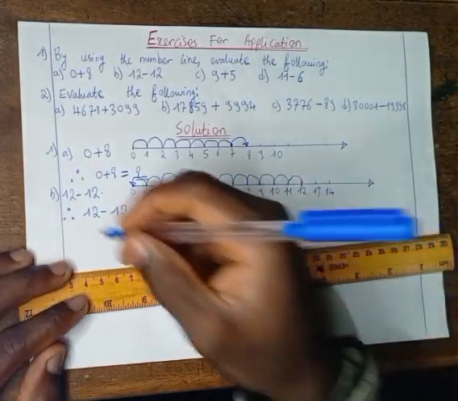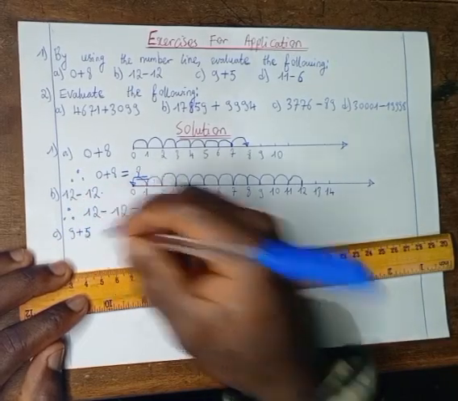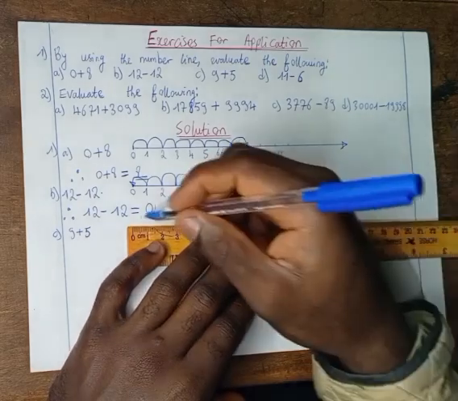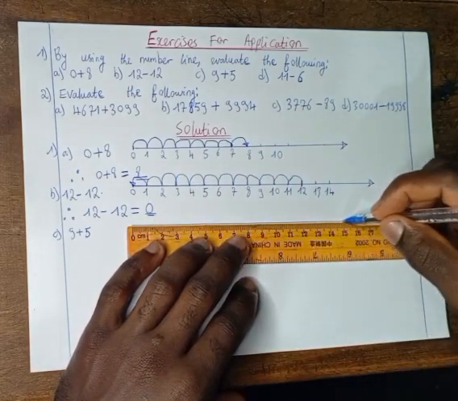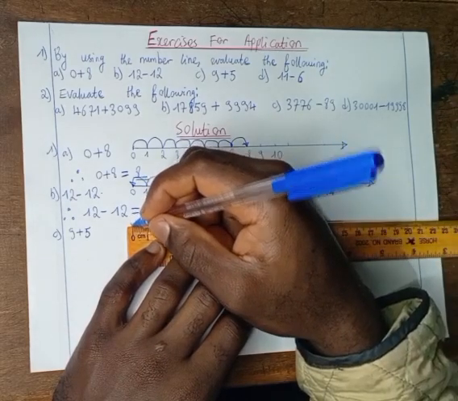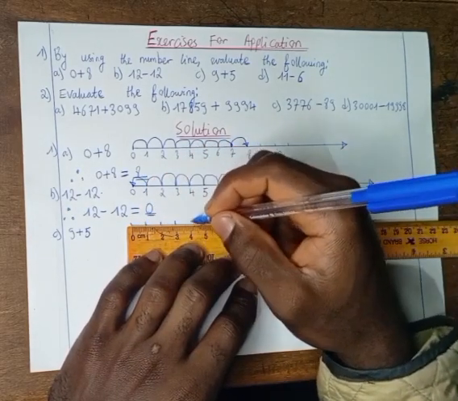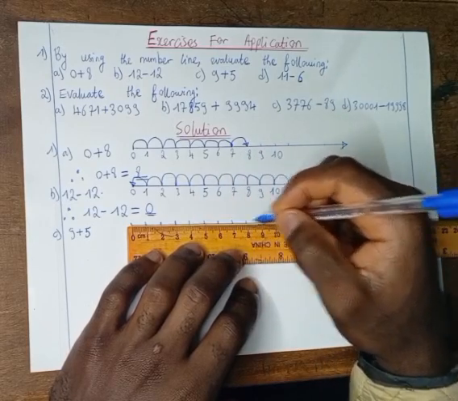We go now to question C, which says 9 plus 5. First number is 9. The operation sign is plus, so that means we have to move to the right hand side of 9. Then the second number is 5, so we have to move 5 units to the right hand side of 9.